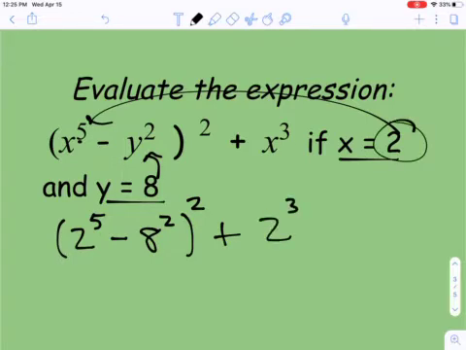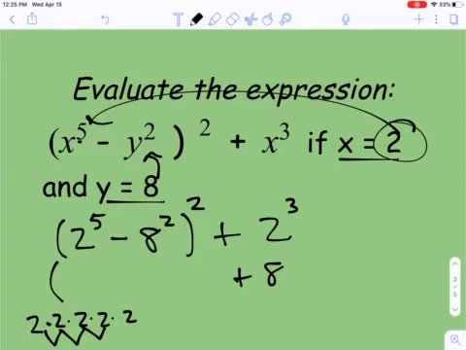This part right here is pretty easy to simplify. That's just 8. This part is going to be a little trickier. 2 to the 5th is the same as 2 times 2 times 2 times 2 times 2. So 2 times 2 is 4, times 2 is 8, times 2 is 16, times your last 2 is 32. And then 8 squared is just 8 times 8, which is 64.